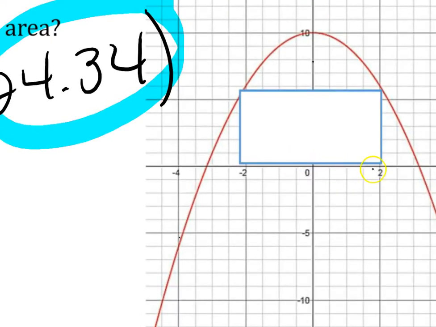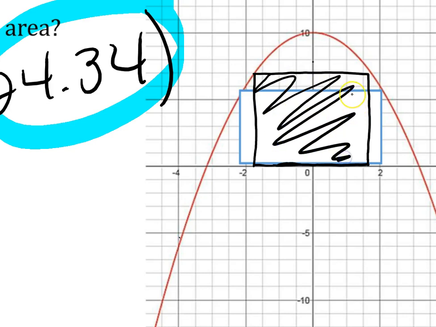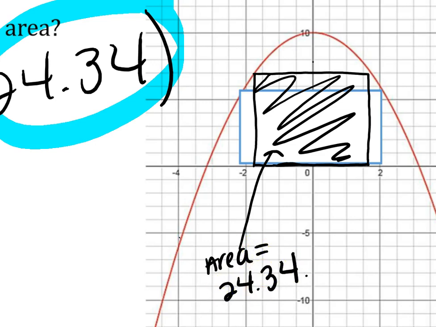So we'll say 1.83 is maybe like here, 1.83 on your x's, and then 1.83 in the other direction. And this rectangle that's created would be the biggest rectangle with the largest area that you could create. And the area of that rectangle would be 24.34.